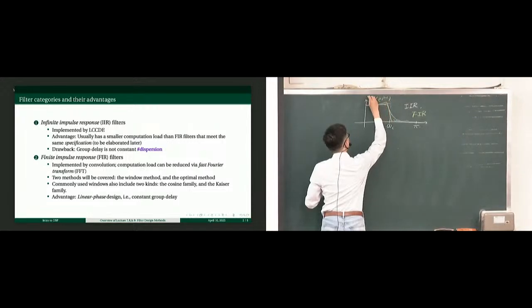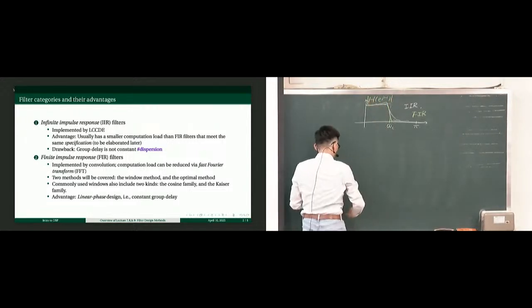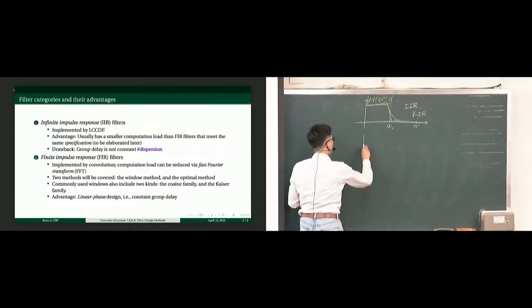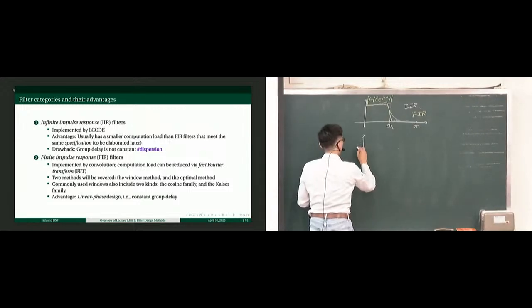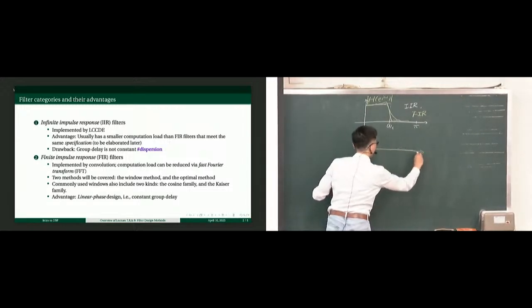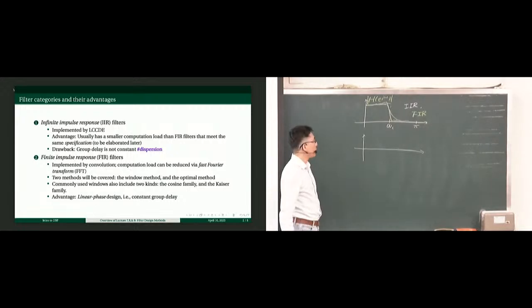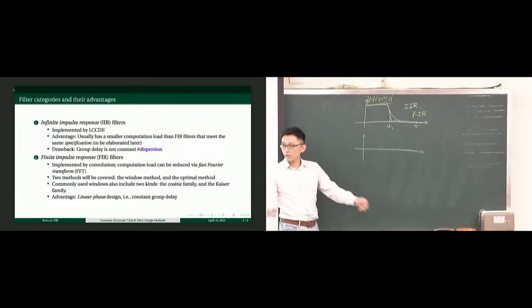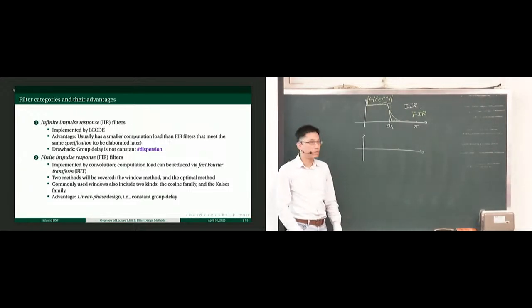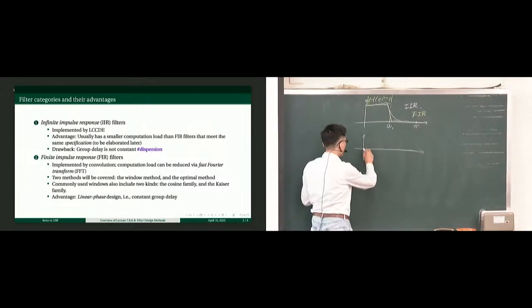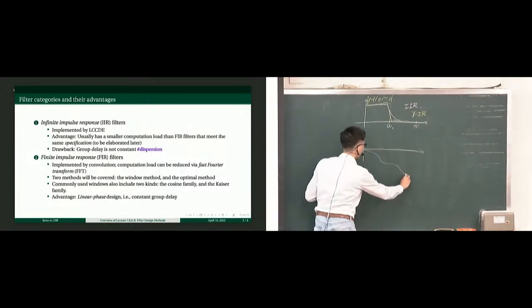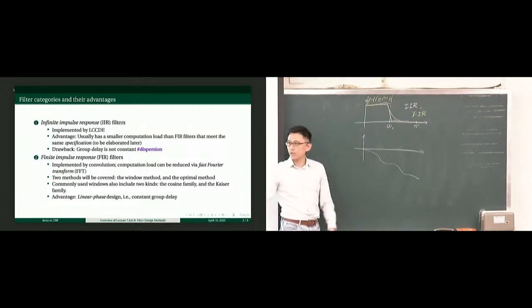But when you plot the phase response, the IIR phase response will, in general, not be a straight line. In general, the phase response could be just anything. I'm just randomly drawing something.